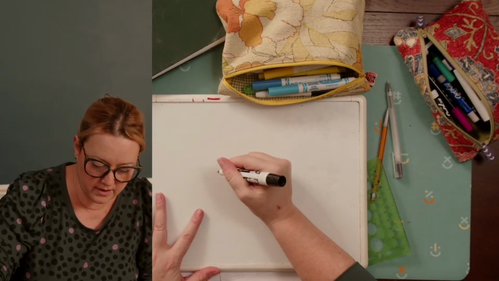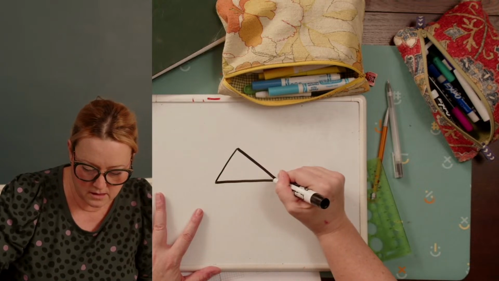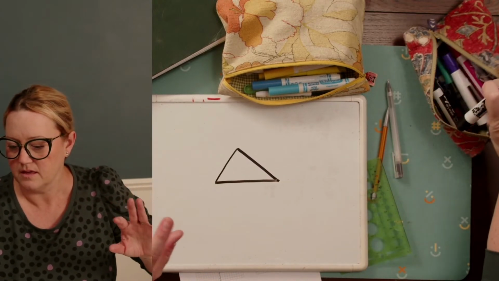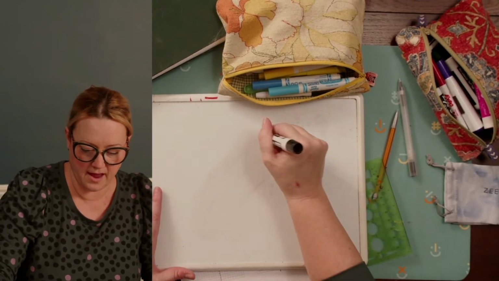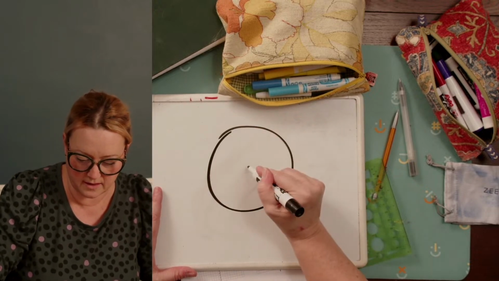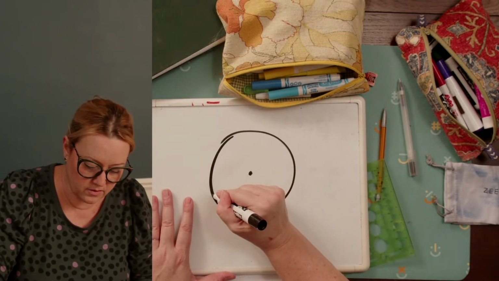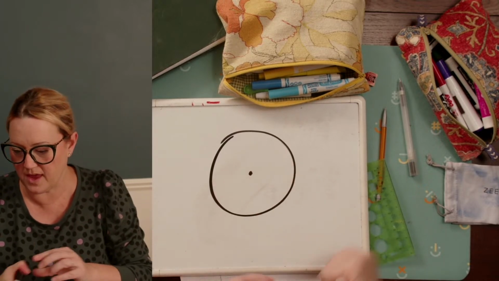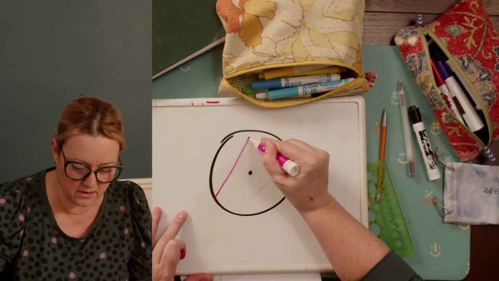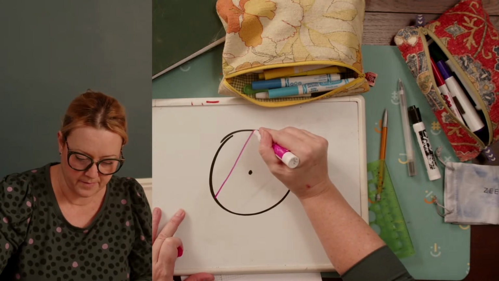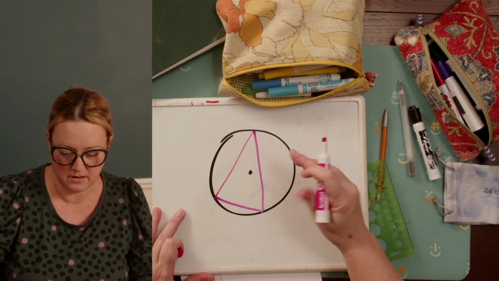Actually, hold on, it's easier for me to draw the circle first. Okay, so if I have a circle here, and that's the center, right? That's an okay circle. Then I have a triangle within this circle, like this, and this, and that, right?